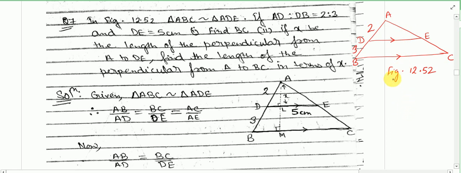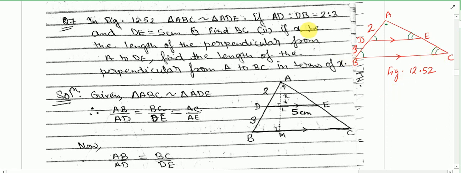If ABC is similar to ADE, what does that mean? Corresponding sides are proportional. You can see this is the common angle, and since DE is parallel to BC, this angle equals this angle, corresponding angles, and this angle equals this angle.